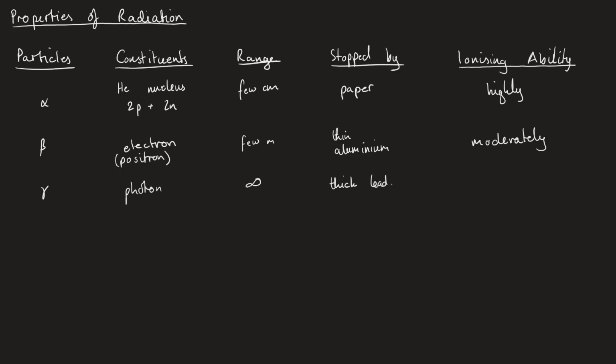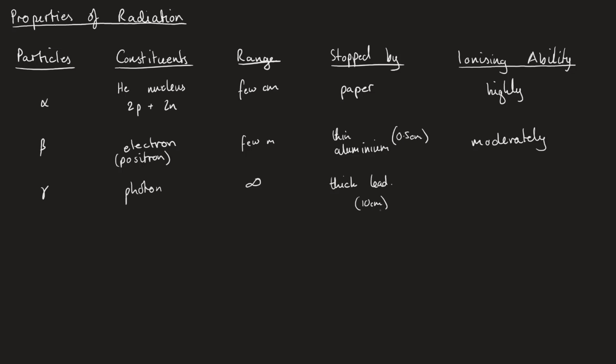Now, some people would say that thin and thick are kind of subjective terms, so you can't actually define it as being thin or being thick. So how would we put some values on the difference between these? Well, thin aluminium is about 0.5 centimeters, so about half a centimeter, a few millimeters would be thin aluminium, whereas thick lead, we're looking at about 10 centimeters worth of lead to completely stop it.